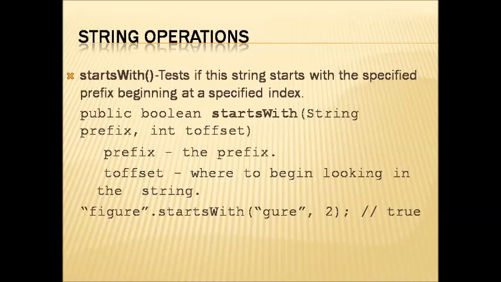So this function will check whether the string figure starts with gure from the index position 2. In this case you can see that gure starts from the index position 2. So in this case it will return true because it matches with the given index position and string values. Okay.